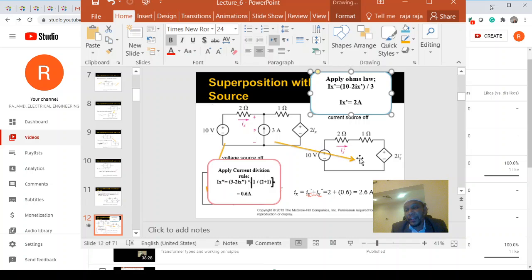Now I want to calculate the current flowing here. How do I calculate the current? By using simple Ohm's law. This is my 10 volt source, and this is 10 minus 2 times Ix dash. This is the potential difference between the two points: this is the potential at the first point, this is the potential at the second point, so the voltage at point 1 and the voltage at point 2.